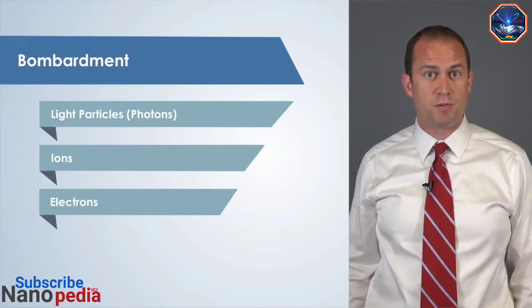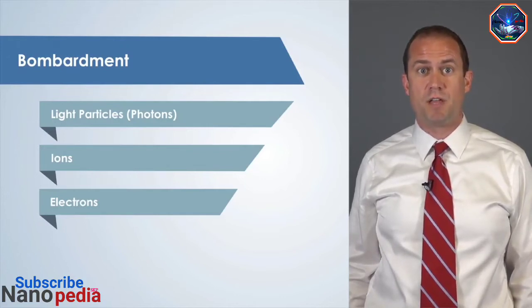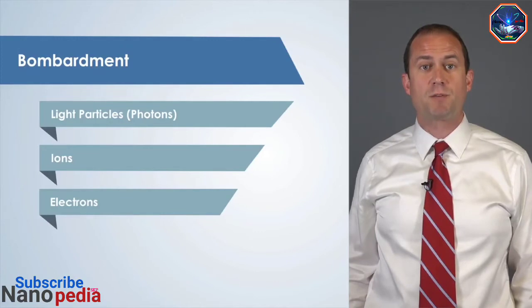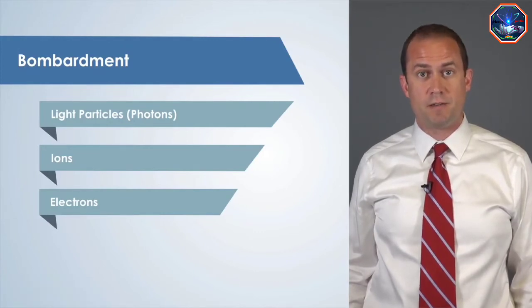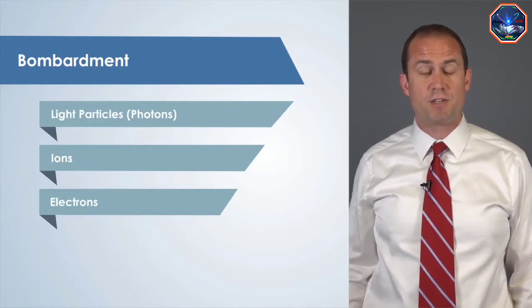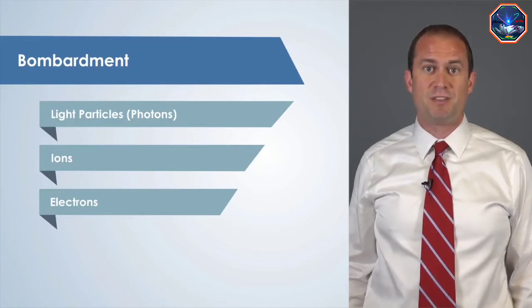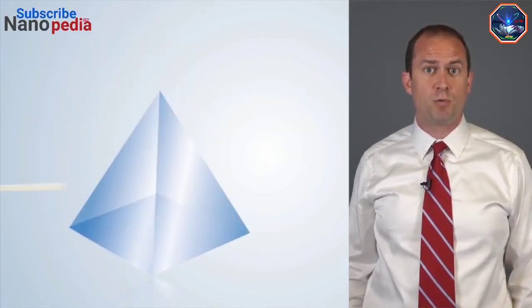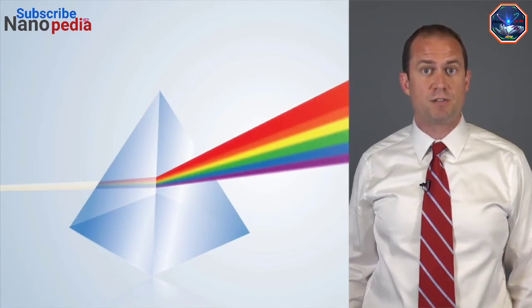Each type of particle, ions, electrons, and photons, will interact with the specimen in a unique way to reveal different information about the material. The sample might alter the path of the particles, like how a prism refracts light into different colors.